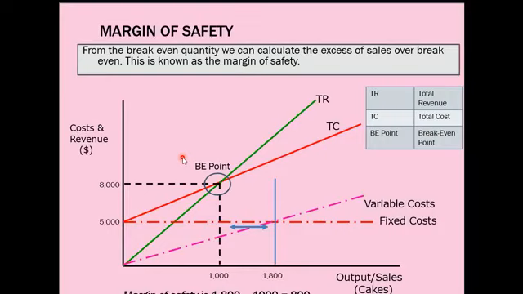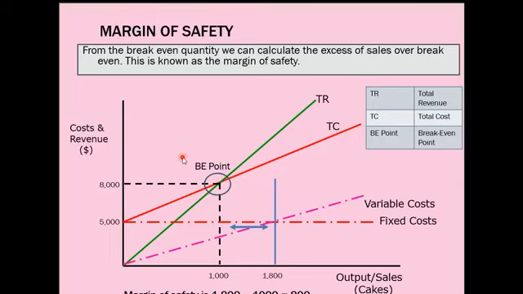You are going to break even early. But if the selling price is reduced from $3 to $2, it means it's going to take time before you break even. So the higher the selling price, the quicker the break even. In other words, the higher the selling price, the quicker you start making profit.